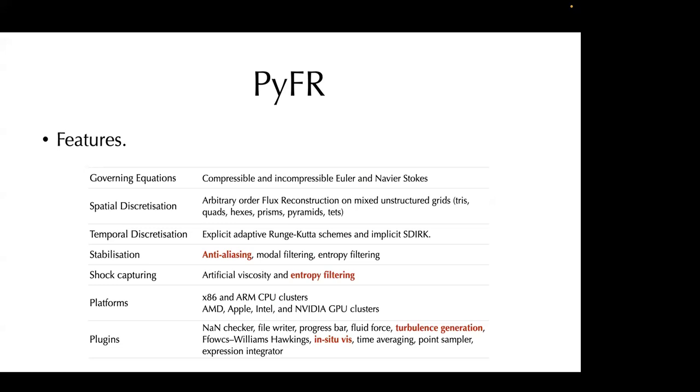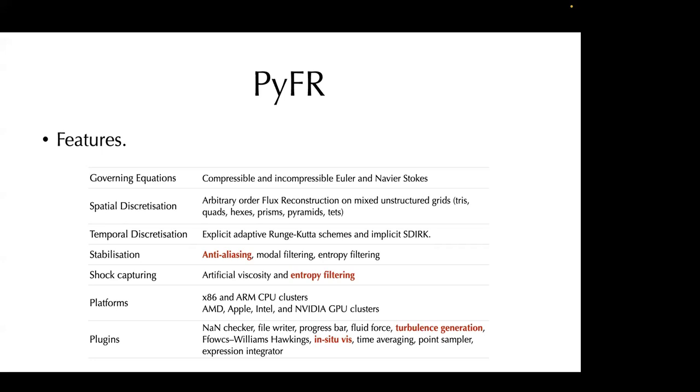It supports compressible and incompressible Euler and Navier-Stokes, arbitrary order FR on all of the usual element types in 2D and 3D. We have all the time-stepping schemes you would expect, a whole host of stabilization techniques, including anti-aliasing, modal filtering, and entropy filtering. We have a few shock capturing techniques, which are important in compressible flows.